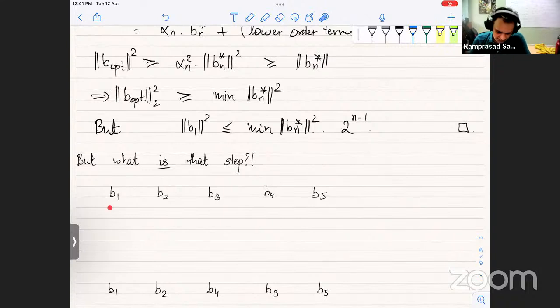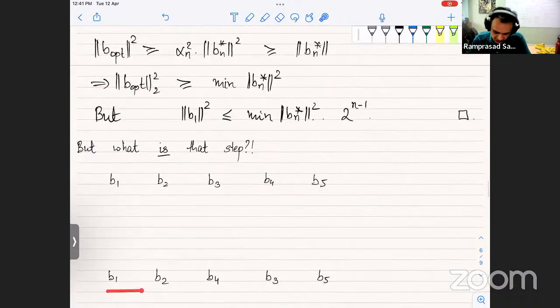Okay. So let's say B1, B2, B3, B4, B5 were my original set of vectors. Now I have this new set of vectors B1, B2, B4, B3, and B5. So I've just swapped 4 and 3. And I want to know what would really change in the Gram-Schmidt vectors. What can I say about it? So maybe the Gram-Schmidt vectors I got were, of course, B1 star equal to B1, no surprise there.